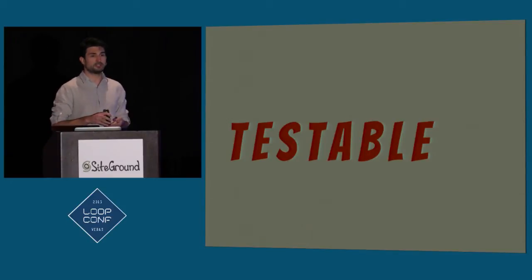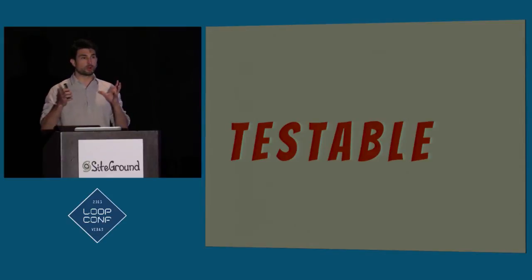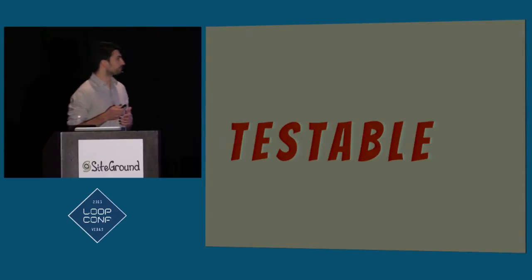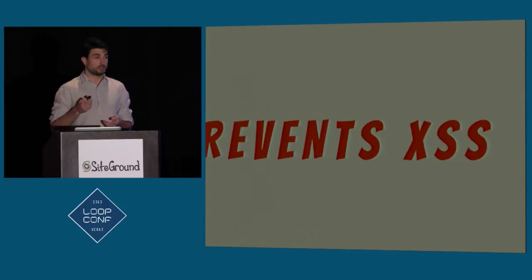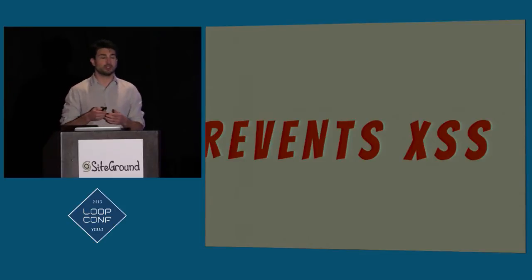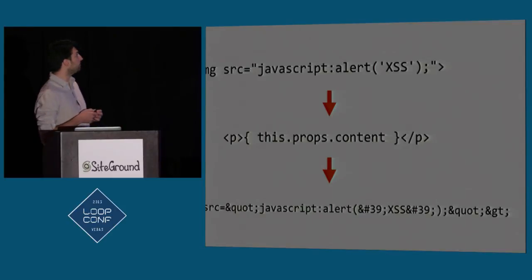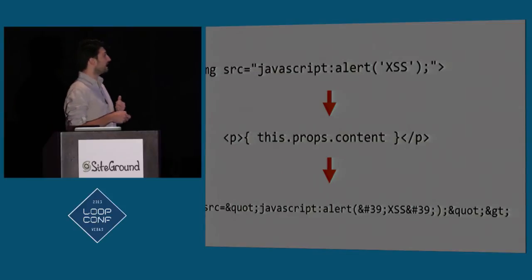Components are also easily testable because they're small confined things. And it makes it so much easier either to mock stuff or to test in isolation. Components are really good at preventing XSS because by default, they just escape stuff.